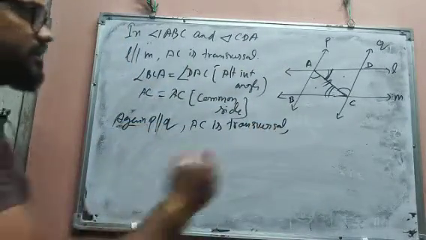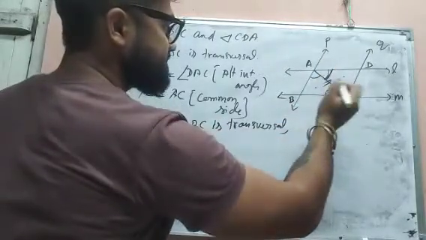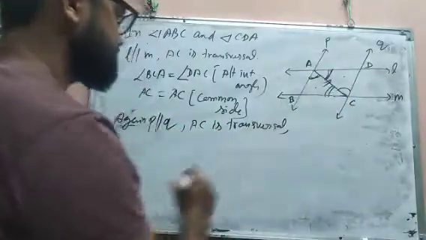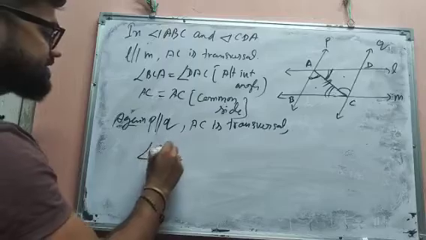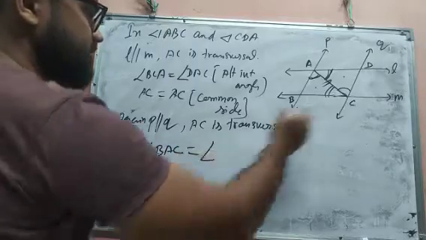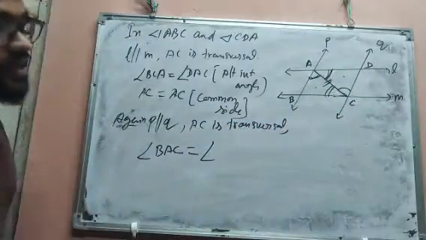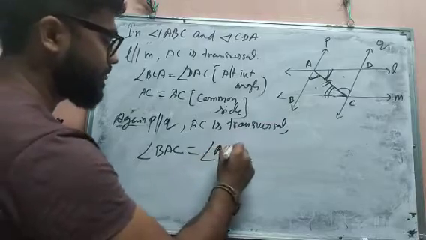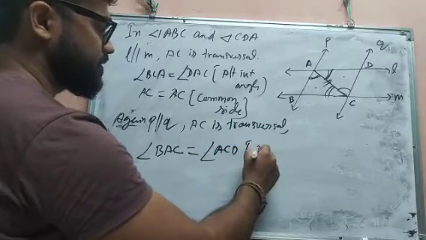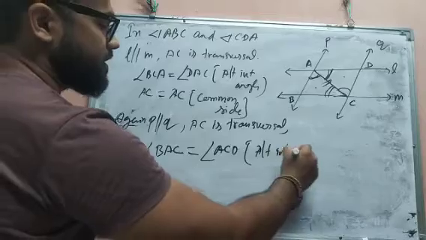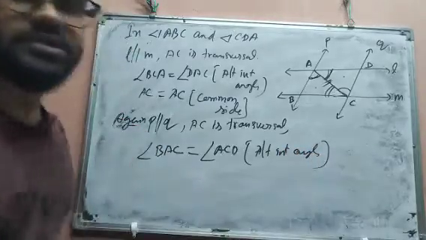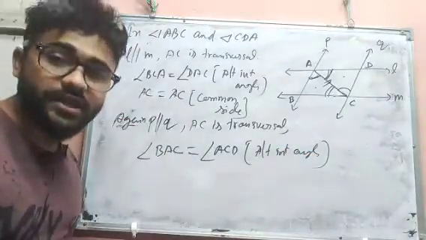So we can consider these two angles. That means angle BAC is equal to angle ACD. Same, alternate interior angles. These two angles are also equal because they are also alternate interior angles.